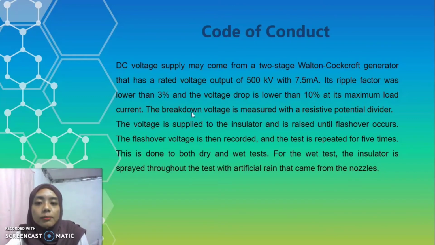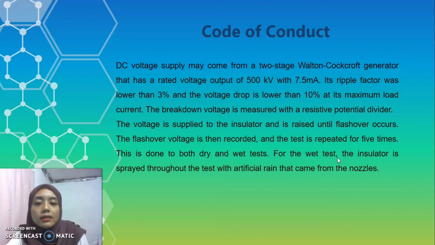The breakdown voltage is measured with a resistive potential divider. The voltage is supplied to the insulator and raised until flashover occurs. The flashover voltage is then recorded and the test is repeated 5 times. This is done for both dry and wet tests.